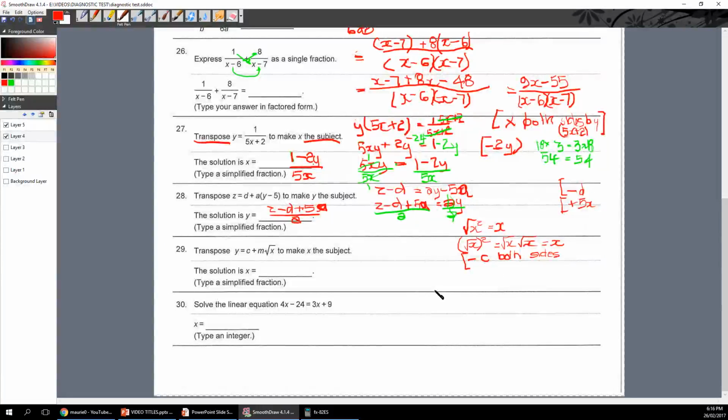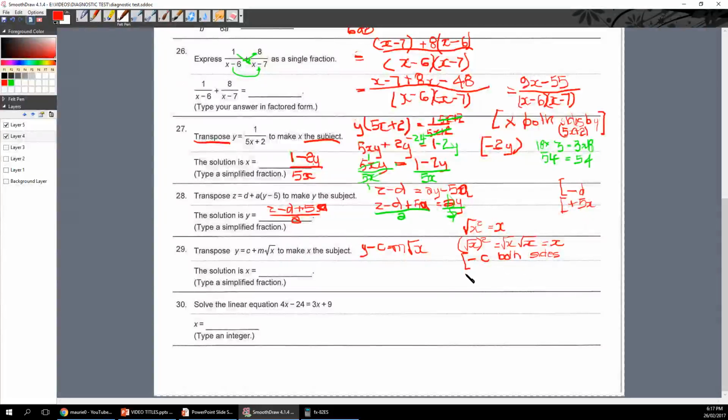I'm noticing that these videos are getting longer and longer as they get a little bit more complex. So what we get is y minus c equals m root x.